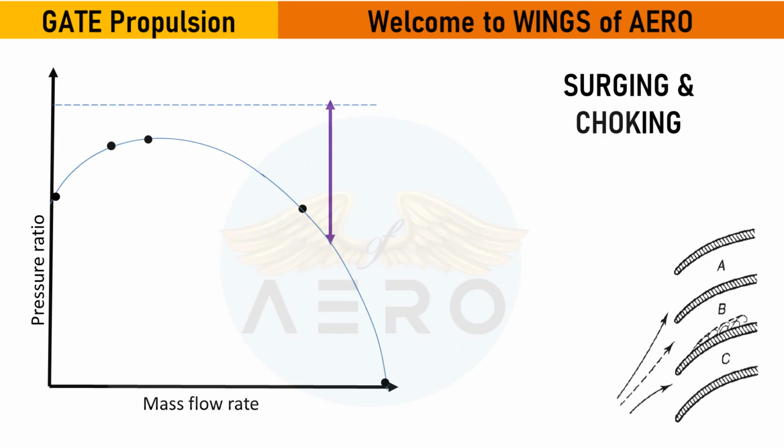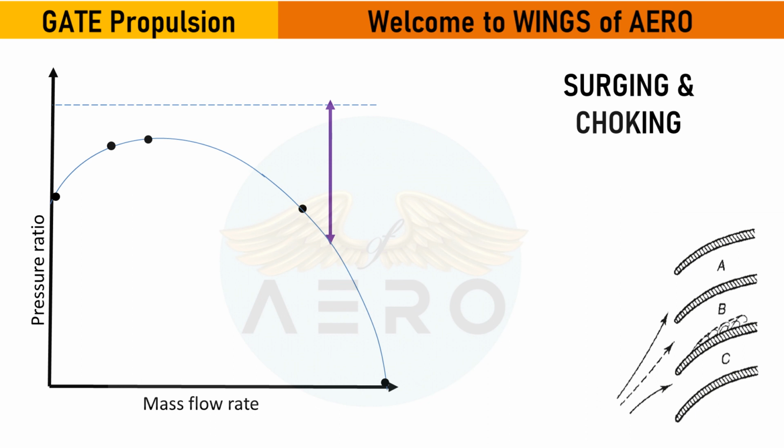Now let's look at another important part: some of the phenomena that occur in a centrifugal compressor, surging and choking. You can expect a one mark question or a multiple selection type of question from this topic. First of all, what is the definition of surging?